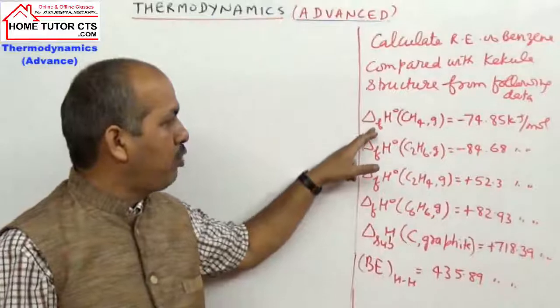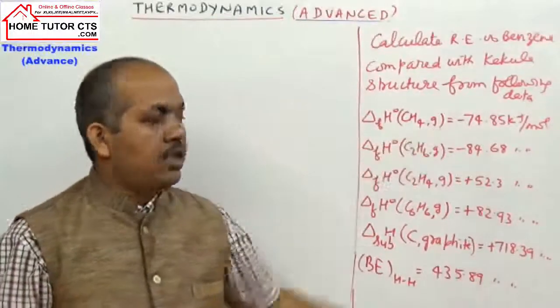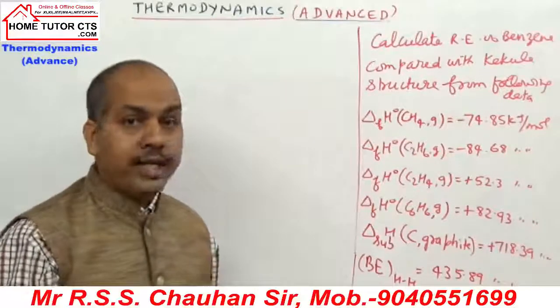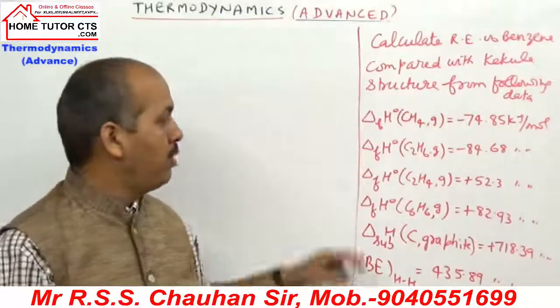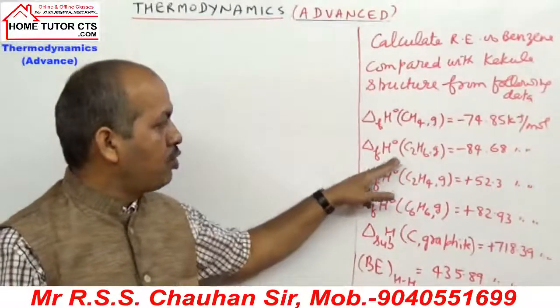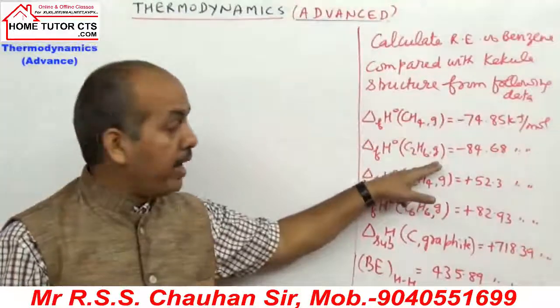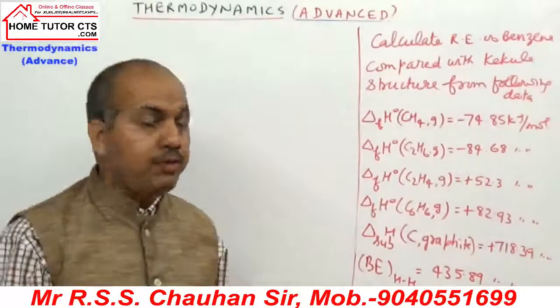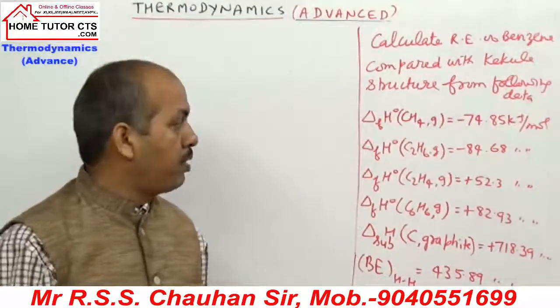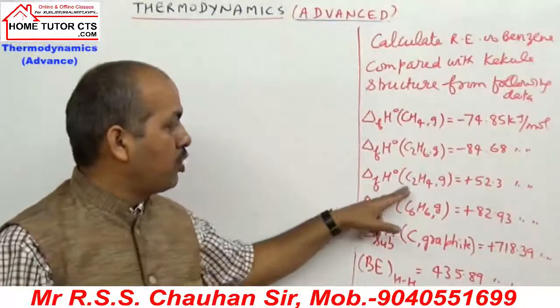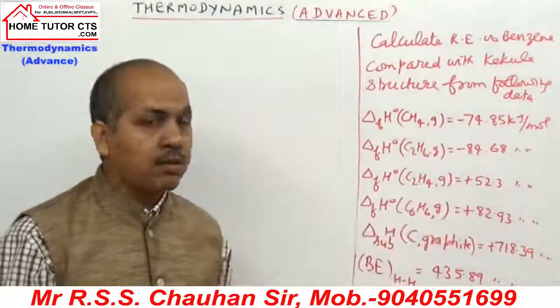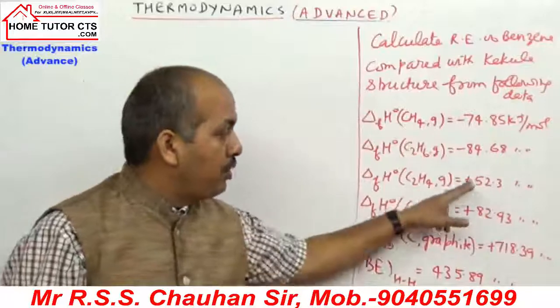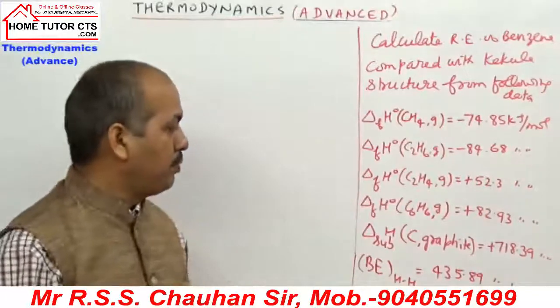The data given: heat of formation of CH4 gas is minus 74.85 kilojoule per mole. Heat of formation of C2H6 ethane gas is minus 84.68 kilojoule per mole. Heat of formation of C2H4 ethene gas is plus 52.3 kilojoule per mole.